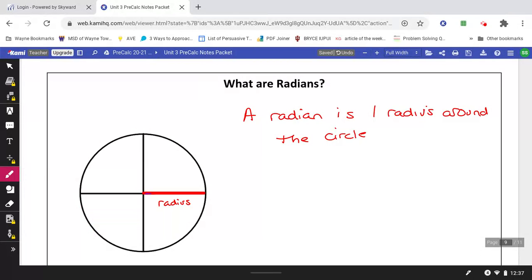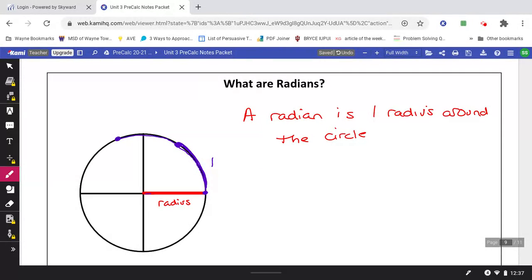So I'm going to take the length of this red part right here, and I'm just going to approximate how far it would be if it wrapped around the circle. I think it lands about here. So this blue part here, that's the equivalent of 1 radian. And I'm going to do that same thing again. I'm going to just approximate it.